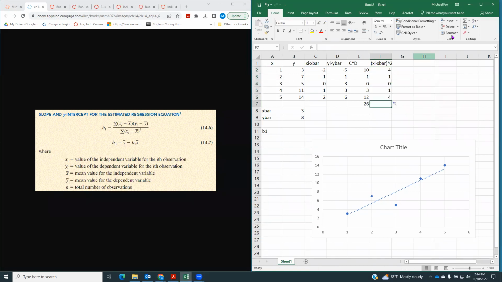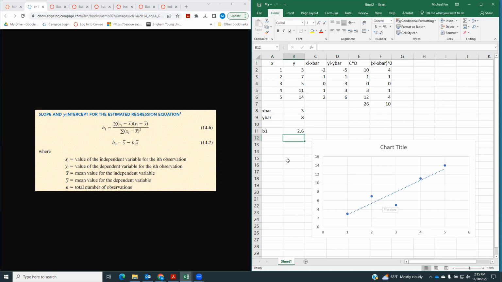And now if I take the total of that, or the sum of that, that'll give me my denominator. So B1 is going to be my numerator divided by my denominator, or 2.6. So the slope of this line is 2.6, okay? That's what all that work was to figure out, that each time the line goes over 1, it goes up 2.6. Over 1, up 2.6.